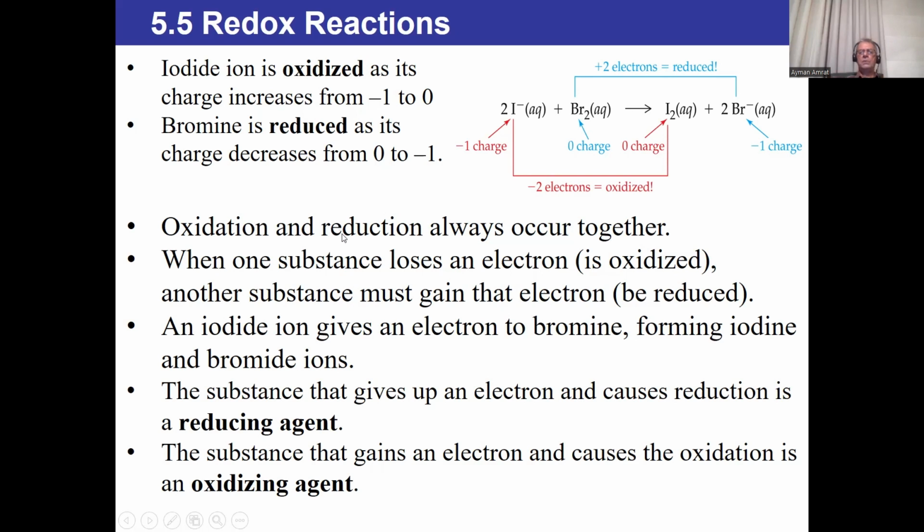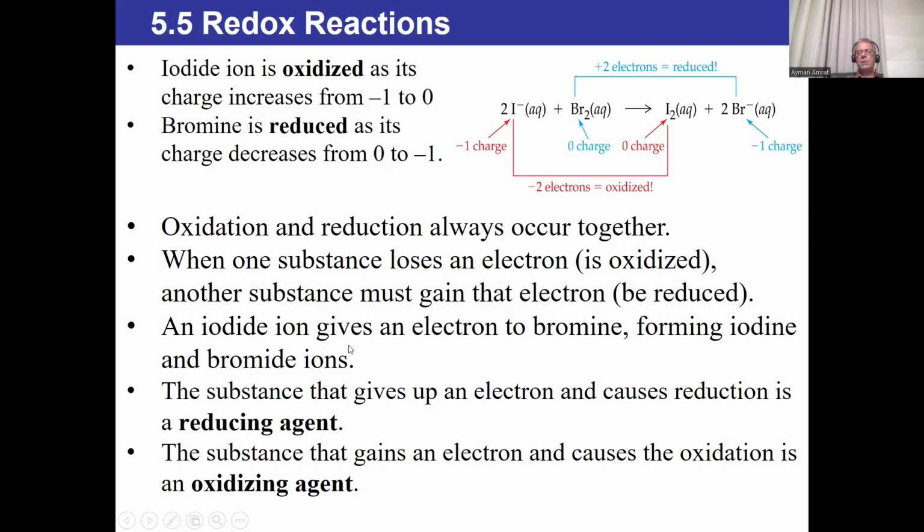Oxidation and reduction always occur together. Oxidation needs reduction, reduction needs oxidation. When one substance loses an electron, it is oxidized, and another substance must gain that electron, to be reduced.